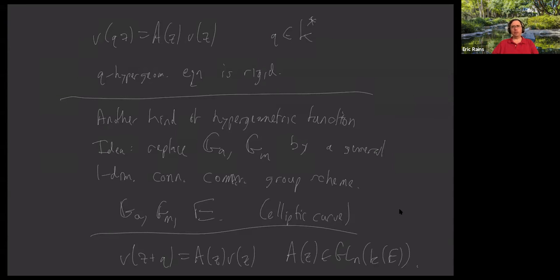Now, there's already a little hint that there's something more complicated going on. Because I talked about Gauss's hypergeometric equation and the contiguity relations. But Gauss's hypergeometric equation is not the most general ordinary hypergeometric function that still has nice properties. And particularly, there's a theory of elliptic hypergeometric functions. But if you start taking limits of them, you see these more complicated versions of hypergeometric functions, like things that are very well poised or balanced or what have you.